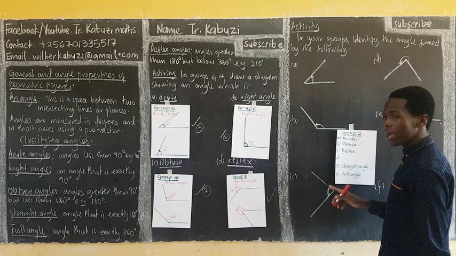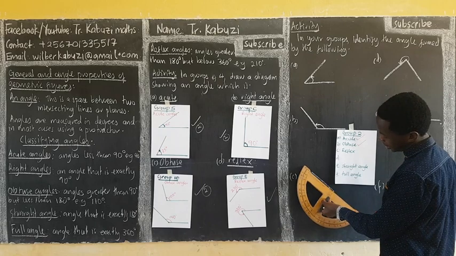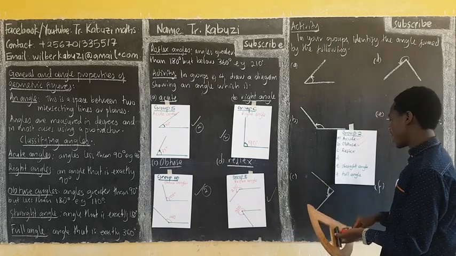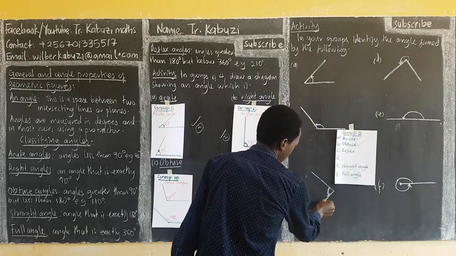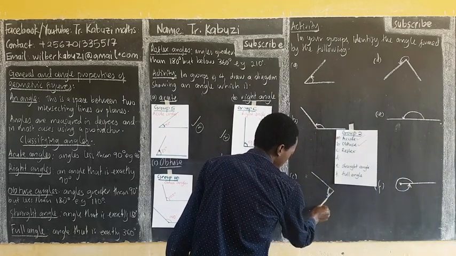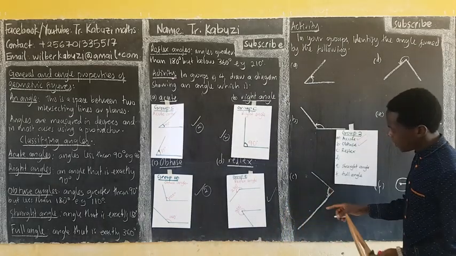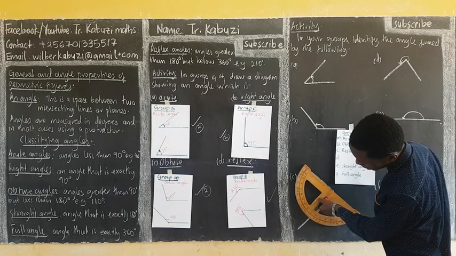So what you have to do, you have to get a protractor and then you measure this. You see, this angle is less than 90. Yes, less than 90. Let me extrapolate it inside. And we measure. So it's starting from here up to here. I think it's less than that.